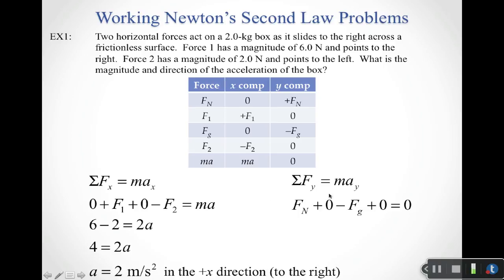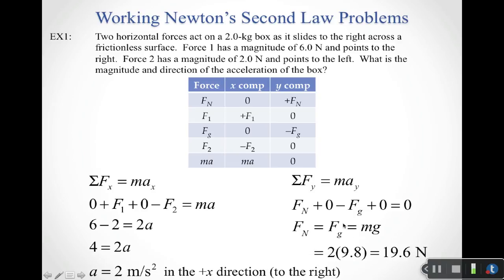Now, we said there's two equations and two unknowns, and in this case the other unknown happens to be the normal. So if there was a part B to this problem that said what's the normal force acting on the box, well, now I could use this equation to solve for it. And sure enough, that's simple enough as well.